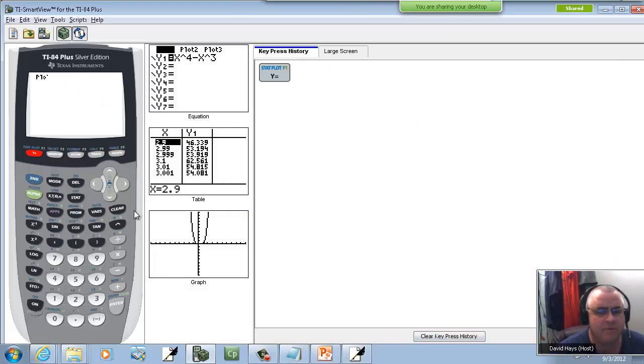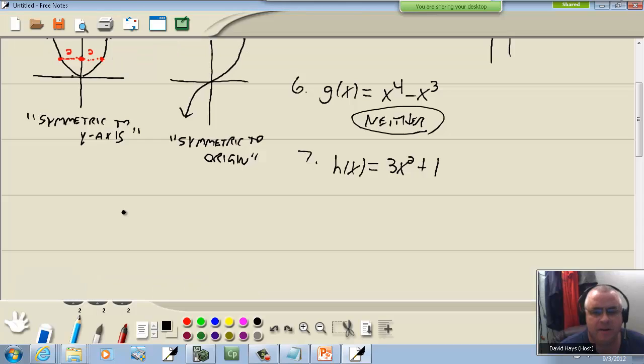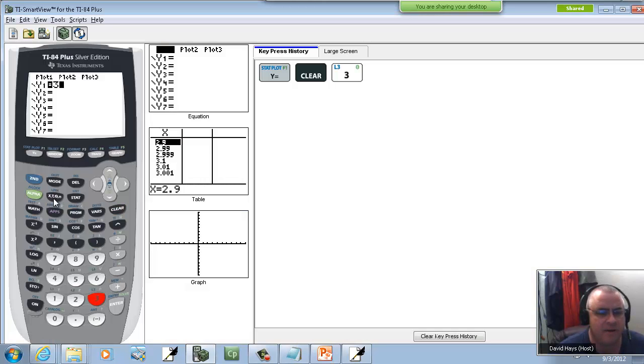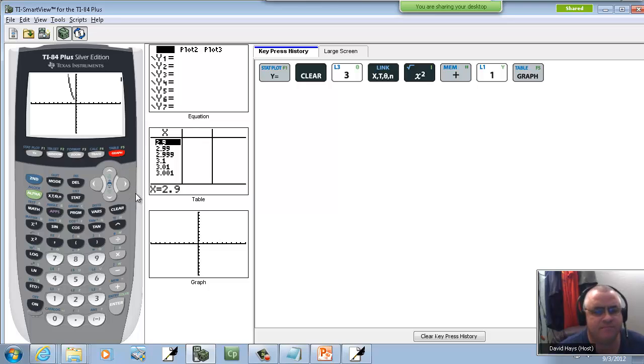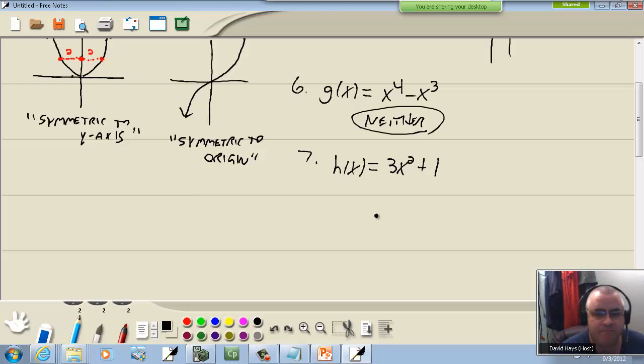So press y equals, press clear. I got 3x squared, so 3x, and then my x squared, plus 1, and then graph. Well, if we take the right side of our graph and flip it across the y-axis, reflect it across that, it will land on the left part of the graph. So that means this is even.